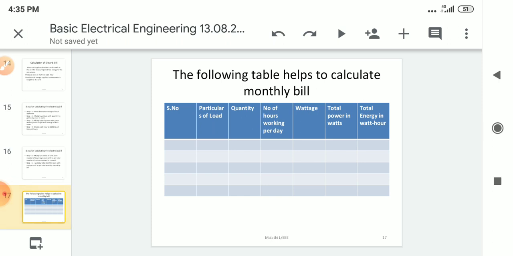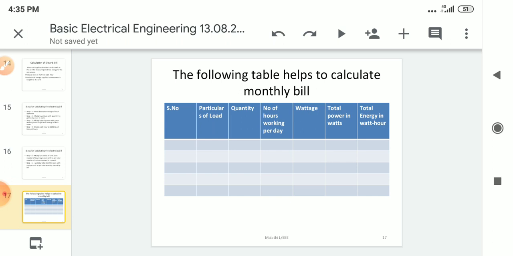This is a table. It helps to calculate the monthly bill. Serial number, particulars of loads. If in our house, for example, we have iron box, light, fan, TV, like that.